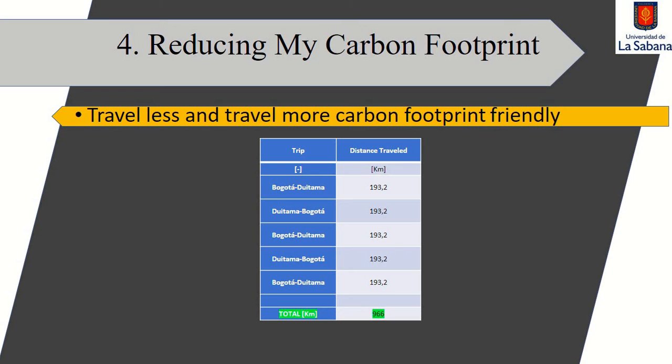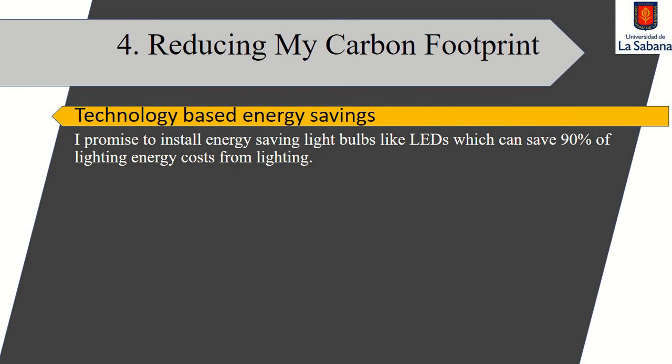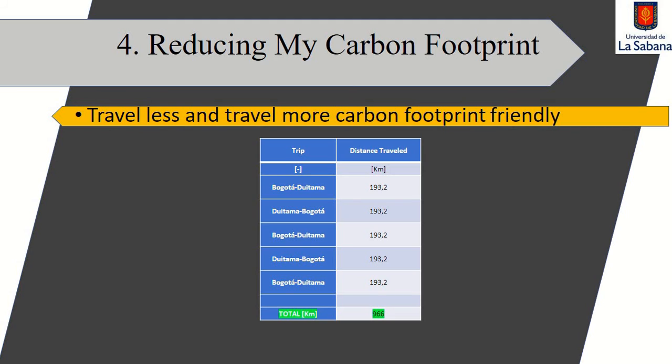Then for the public transport section, the kilometers traveled by bus will be 0. The kilometers traveled by taxi will be the same, 30 kilometers. Taking into account that the trips made by car add a large number of kilometers to my carbon footprint, I promise not to make trips as long as the one made from Bogota to Cali.